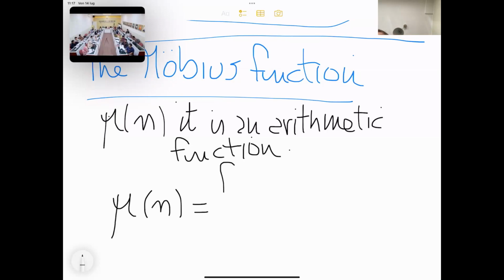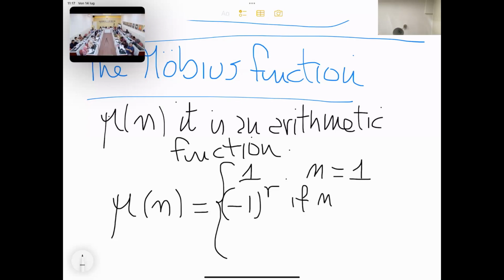But I hope in a little while you will agree with me that this is very natural. So first of all, the value of the function is 1 if n is equal to 1. Then it is minus 1 to the power r if n is the product of p_1 through p_r, distinct primes. And otherwise 0.